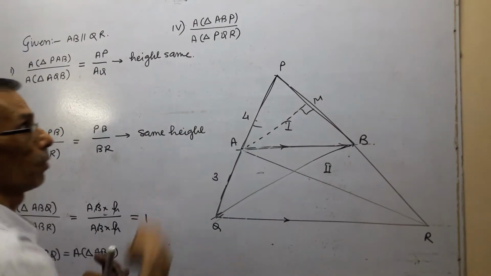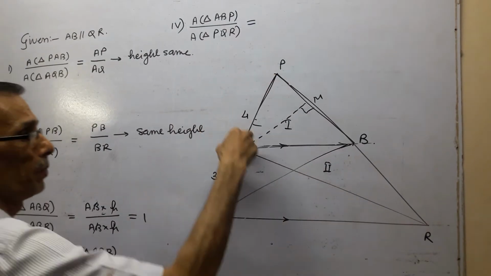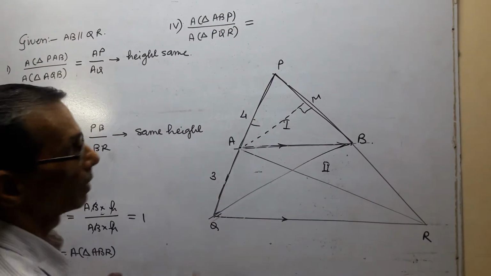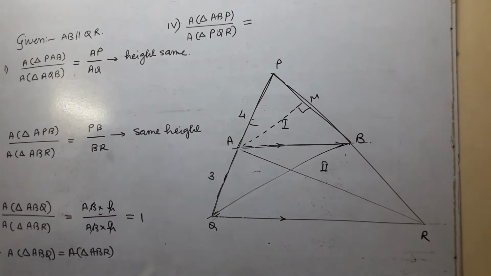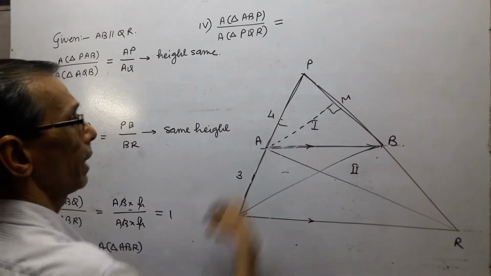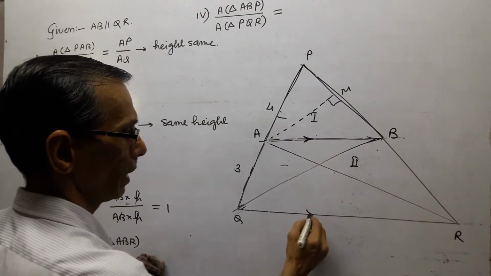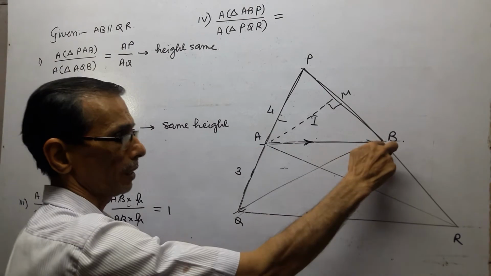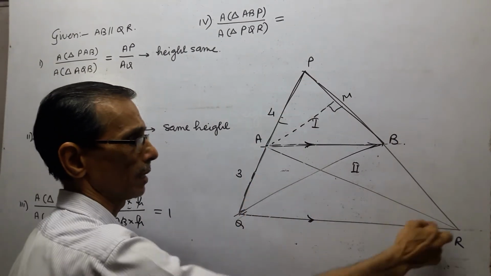Now let's see here, in this case, triangle ABP and triangle PQR. We find that the sides are parallel, and whenever a line is parallel to one of the sides, we get two triangles, the small triangle and the big triangle.